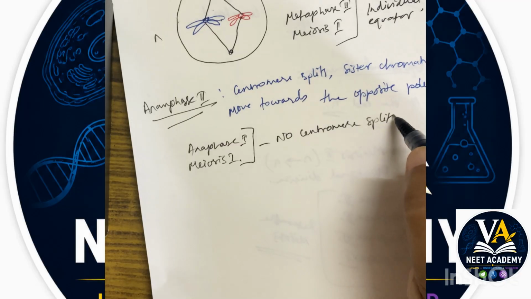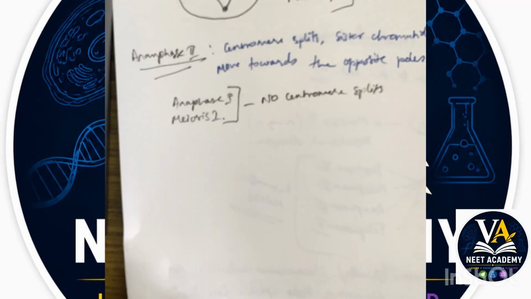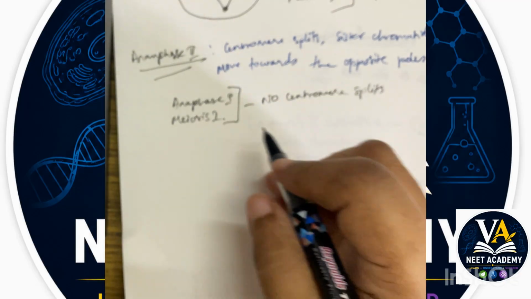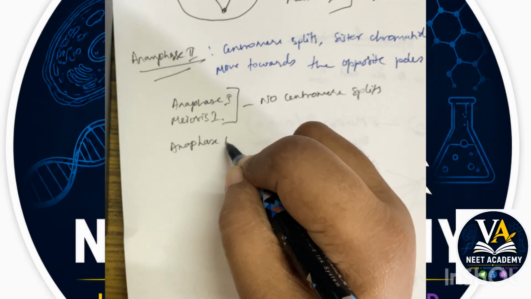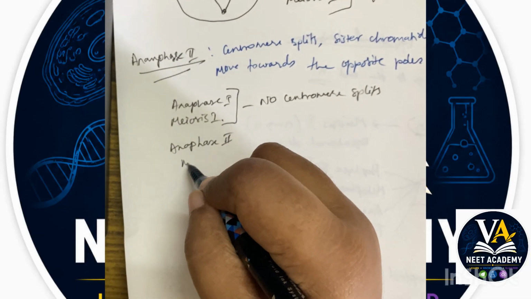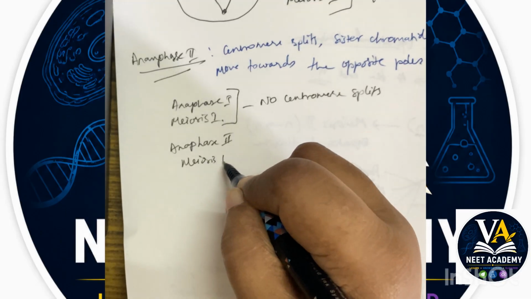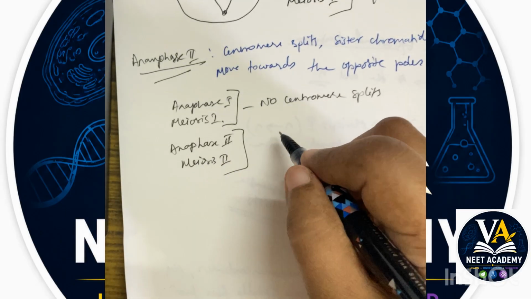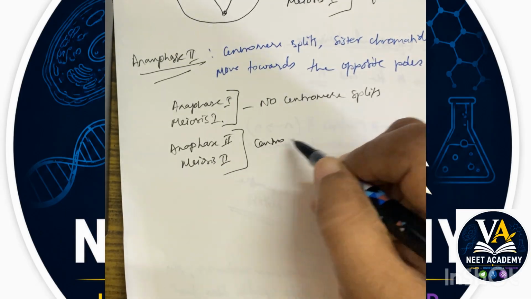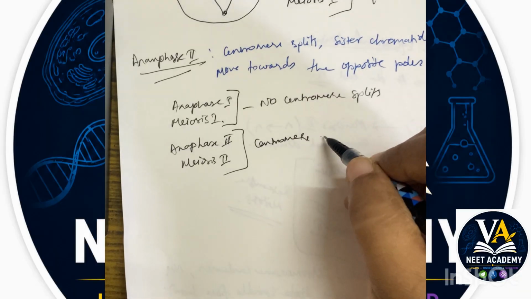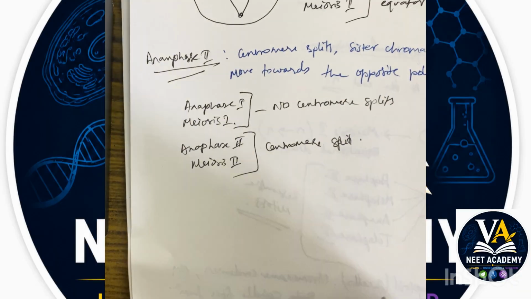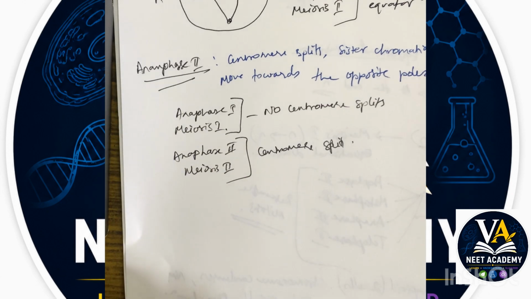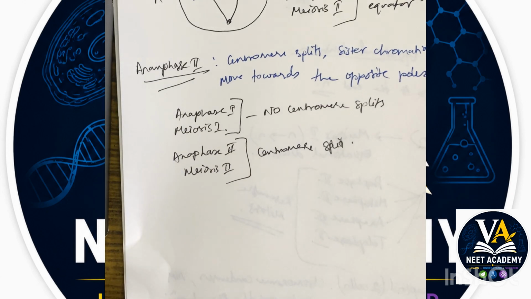There is no splitting of the centromere. And what is happening in anaphase II of meiosis II? The centromere splits. Because of this process, this is where we actually see the difference.